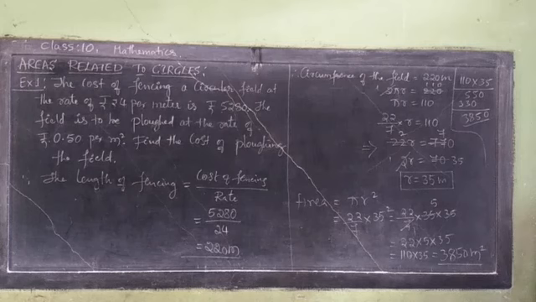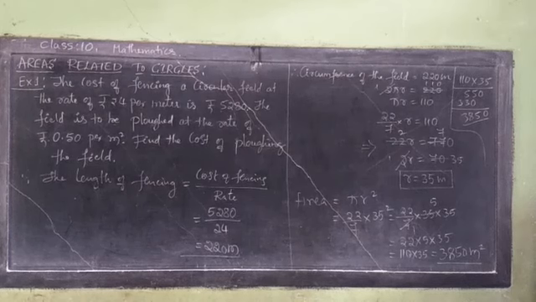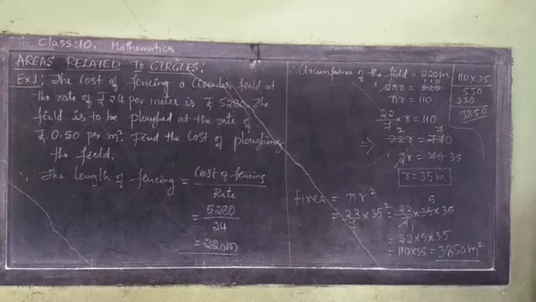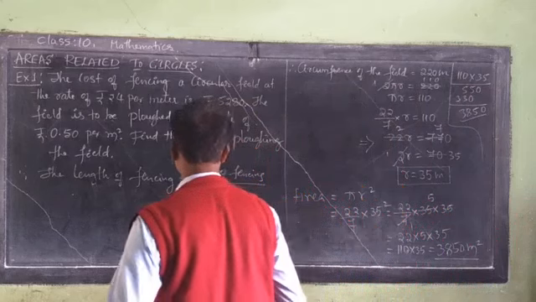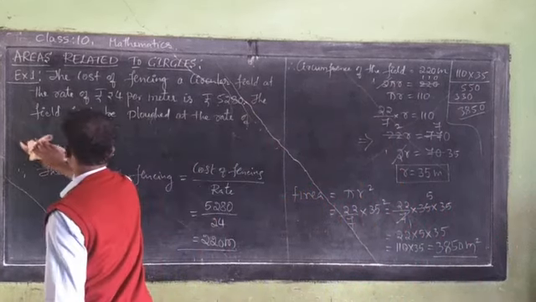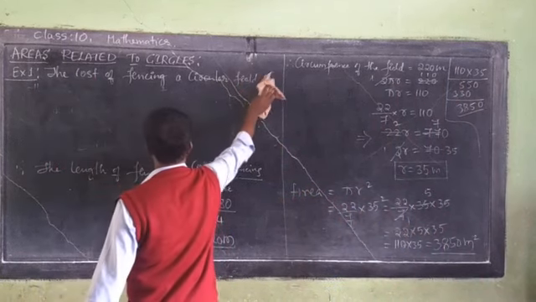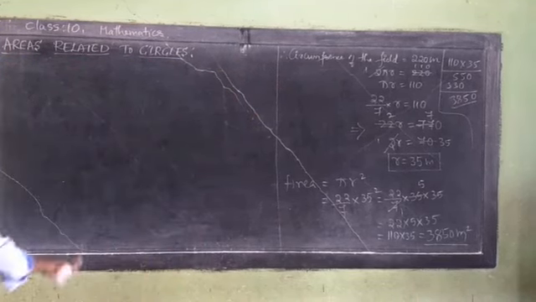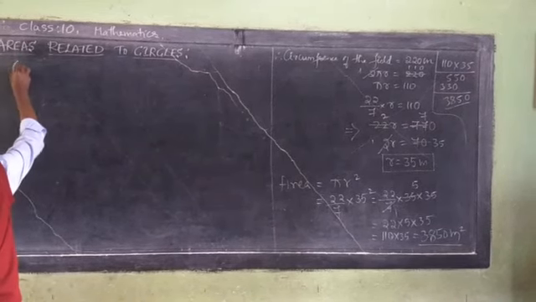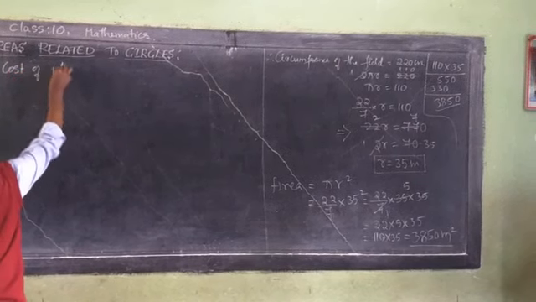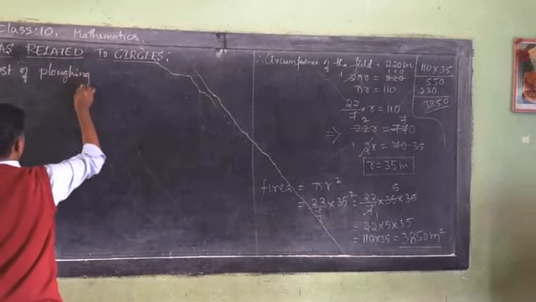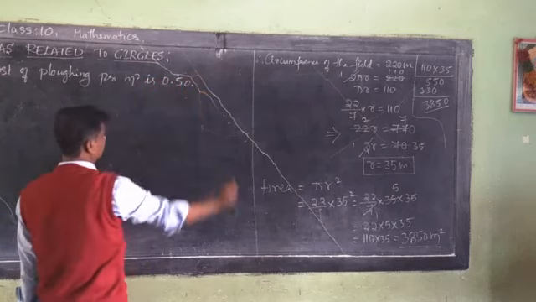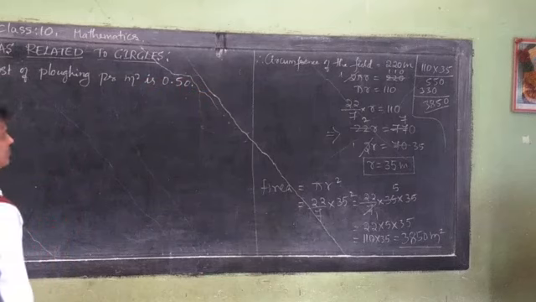The field is to be luffed at the rate of 0.50 per meter square. Per meter square, the cost is 0.50.